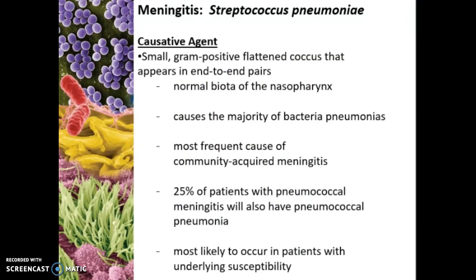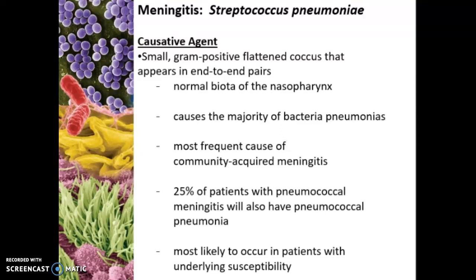Alright, then Streptococcus pneumoniae. This also causes pneumonia, but this is a gram-positive cocci that is generally seen in pairs, although it is strep, so strep would indicate chains. And when you see chains, it's just the pairs lined up next to each other.